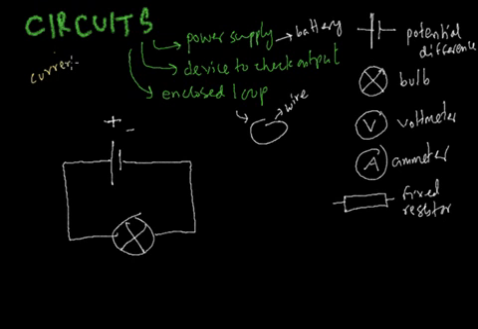Current flows in the opposite direction of electron flow. So if electrons flow in one direction, current would flow in the other direction. So the current would always flow from plus to minus. That's opposite of the flow of electrons.